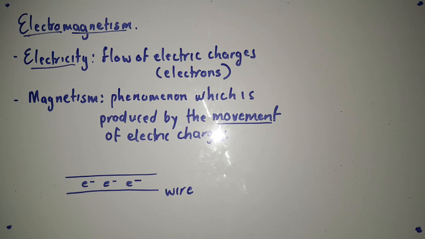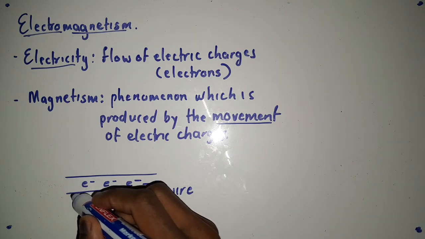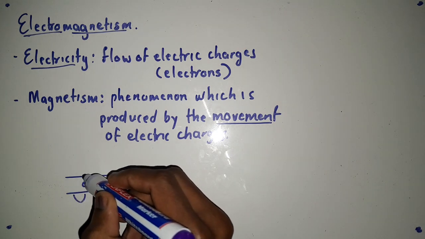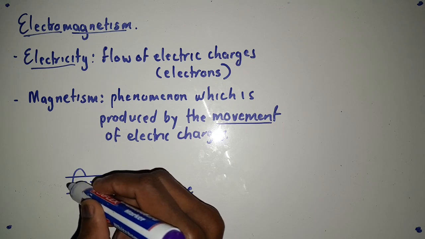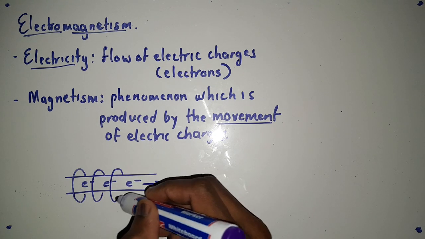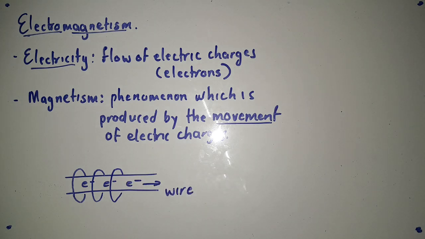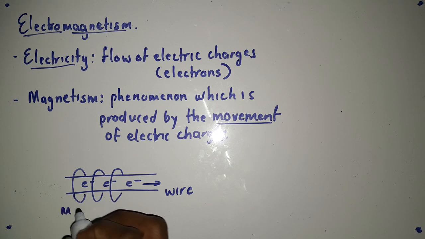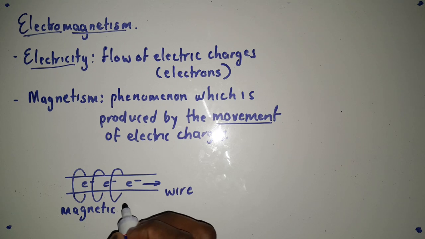Somehow the very same movement of electric charges, which are electrons inside this wire, is going to produce this phenomenon, which is known as a magnetic field.